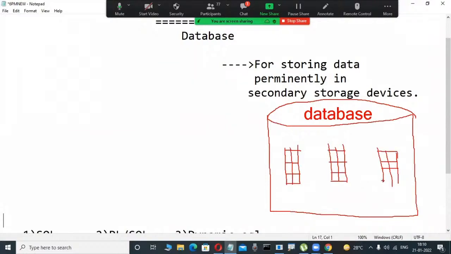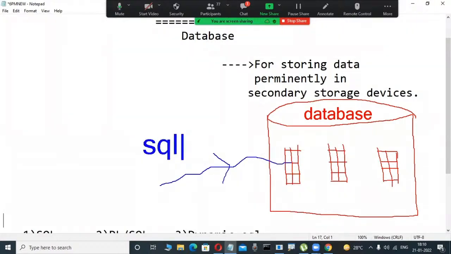That's why he decided to represent the data in the format of a matrix. In mathematics, everyone knows matrices have rows and columns. That's why the structured collection of data is stored this way, and we operate on this data using SQL, structured query language.